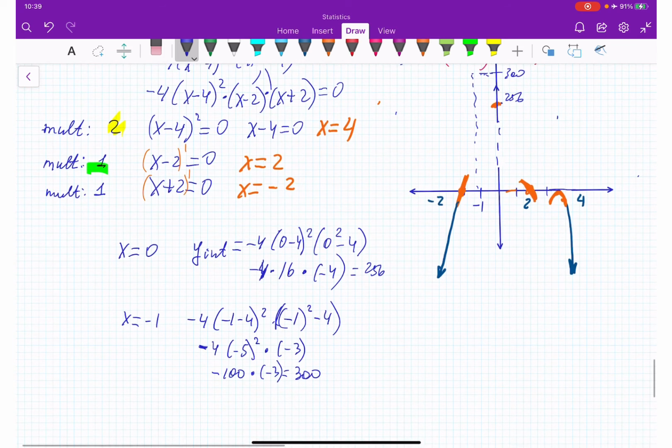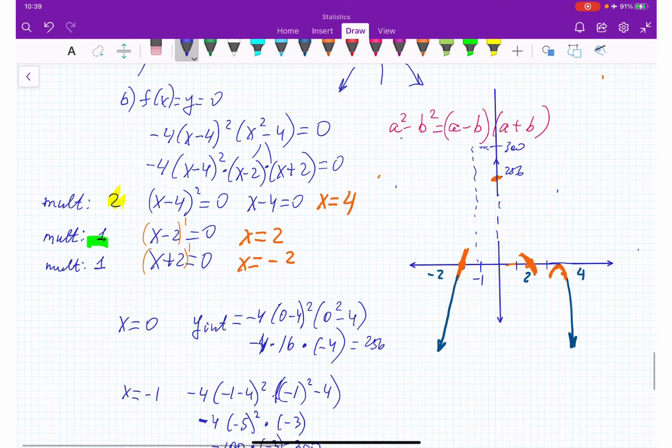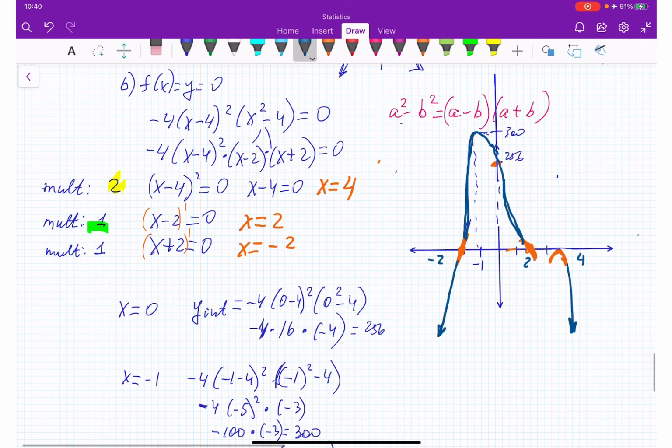So -1, 300 point, and coordinate. So it's going to come here and come down here, connect to this one.